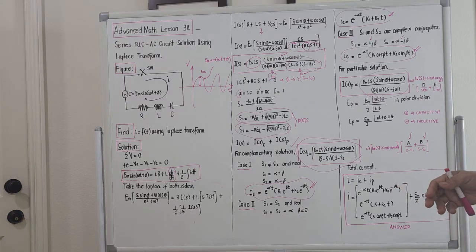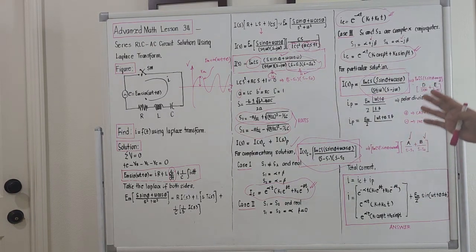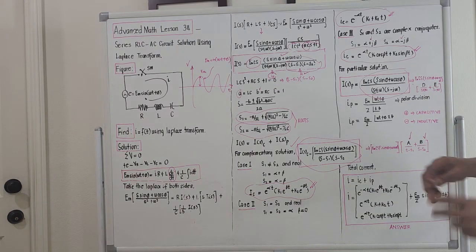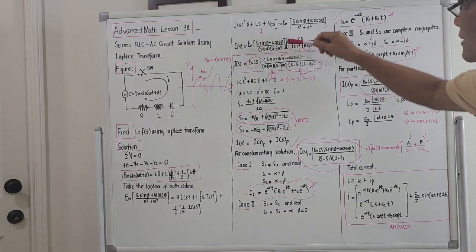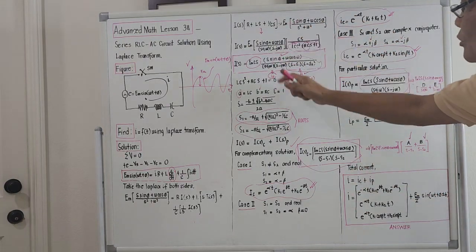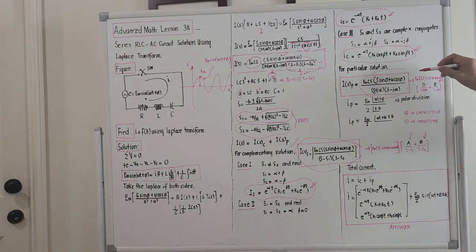If it falls under case number 3, the solution should be under case number 3. Okay, let's proceed with the so-called particular solution. For the particular solution, it is just E sub MCS times this. Then we will consider the denominator to be S plus J omega, S minus J omega. It is this.